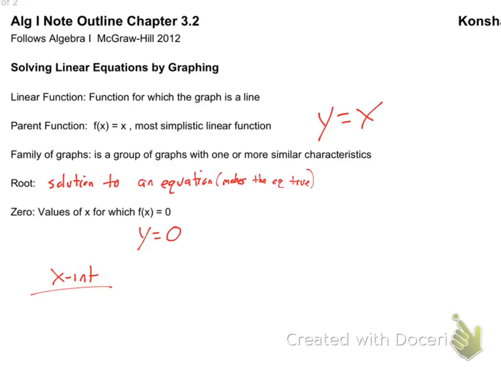So like 4 different things are being combined to all say the same thing. They're interchangeable. I may ask you, what are the zeros of that equation? What are the intercepts of that graph? What is the solution to the equation? They all mean the same thing. Okay?